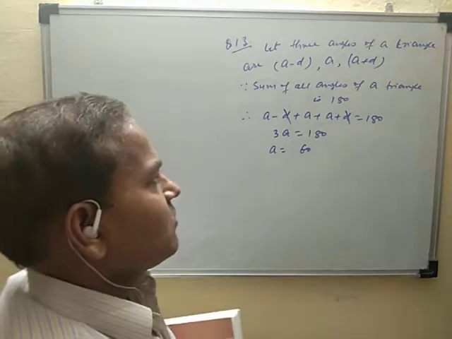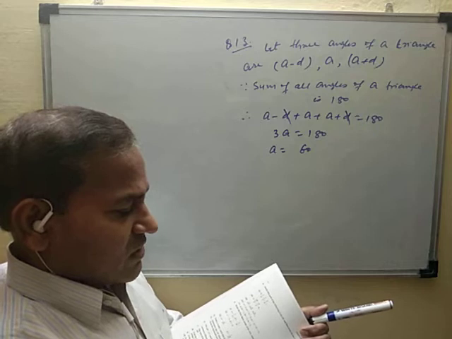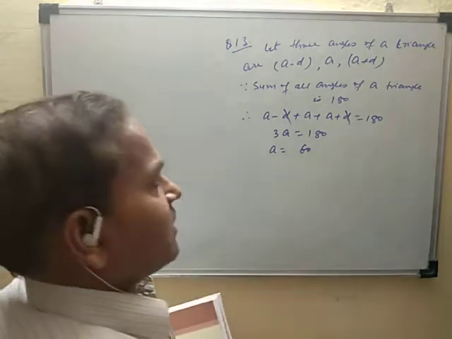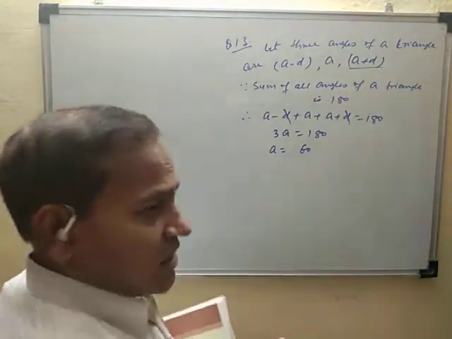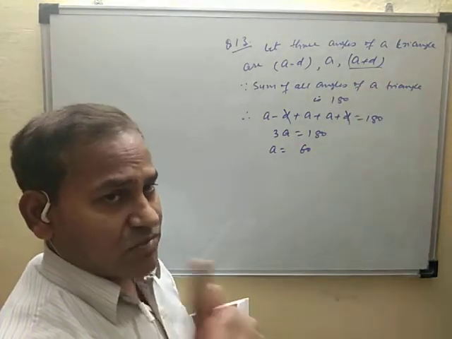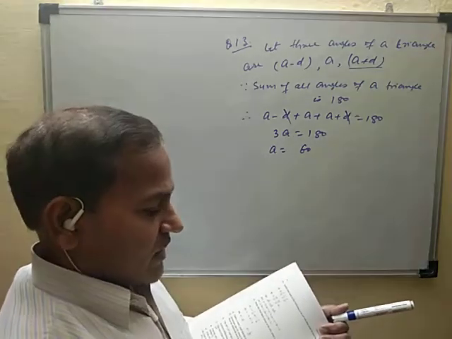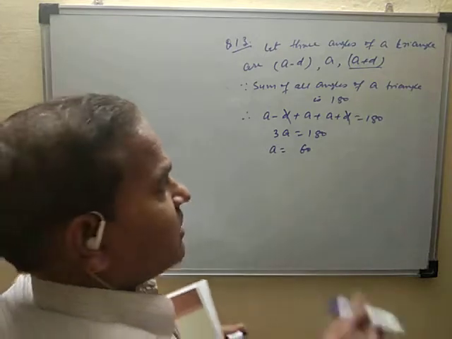Now also given, the greatest angle is twice the least. So what is the greatest angle? A plus D is the greatest angle, where D is positive. So the greatest angle is twice the least. What is the least angle?